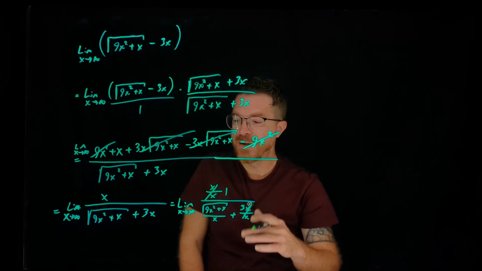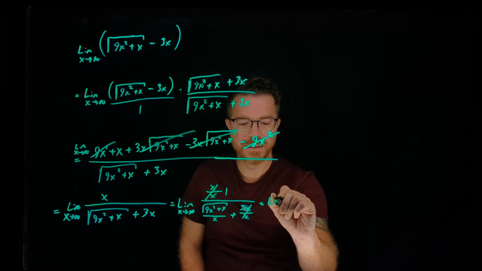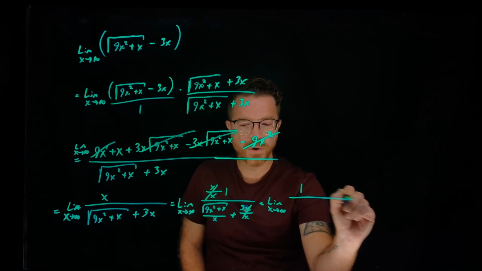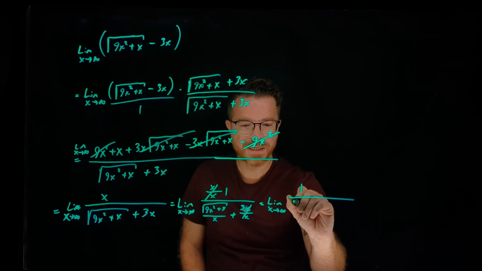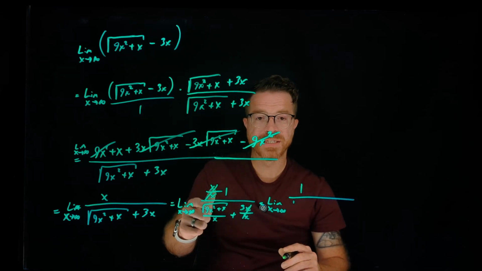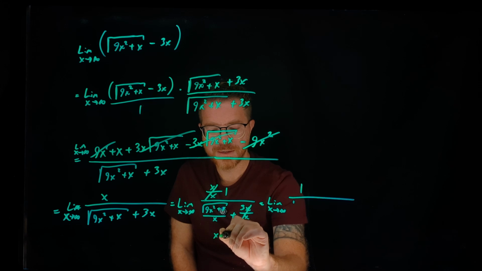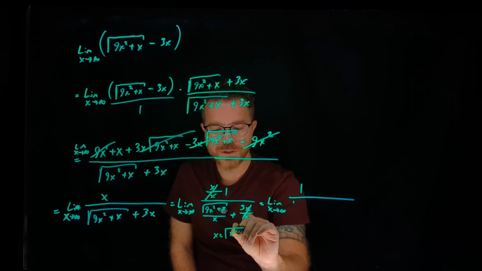So now I have the limit as x approaches infinity, 1 over the square root. What I'm going to do is actually pull this x inside. So I can think of this x as the square root of x squared.